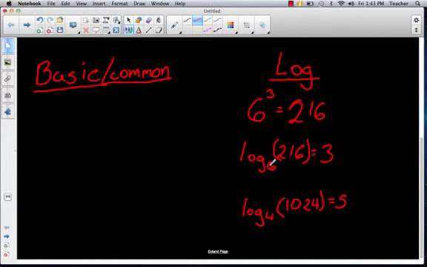Because see, here the 6, our base, is our main number right here. So instead here, our main number is going to be 4. And we're trying to find the power with a logarithm, so here, this will be 5.